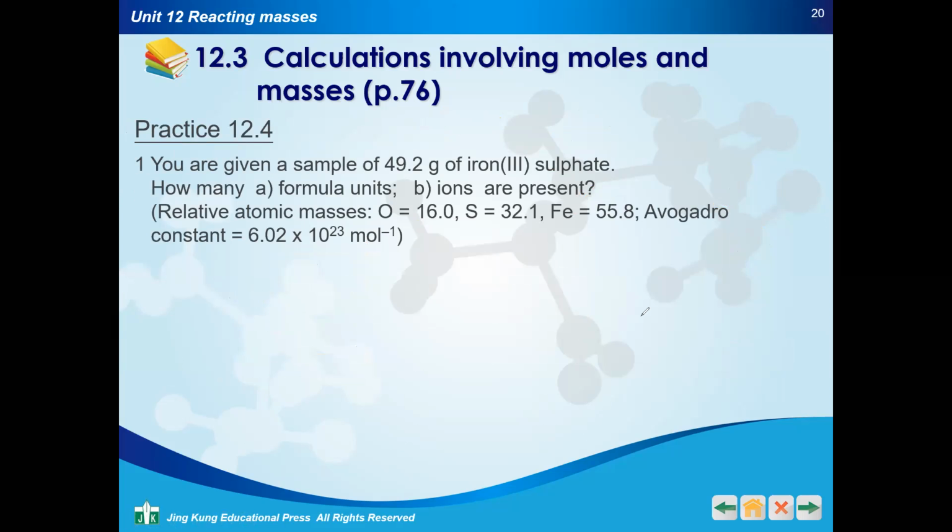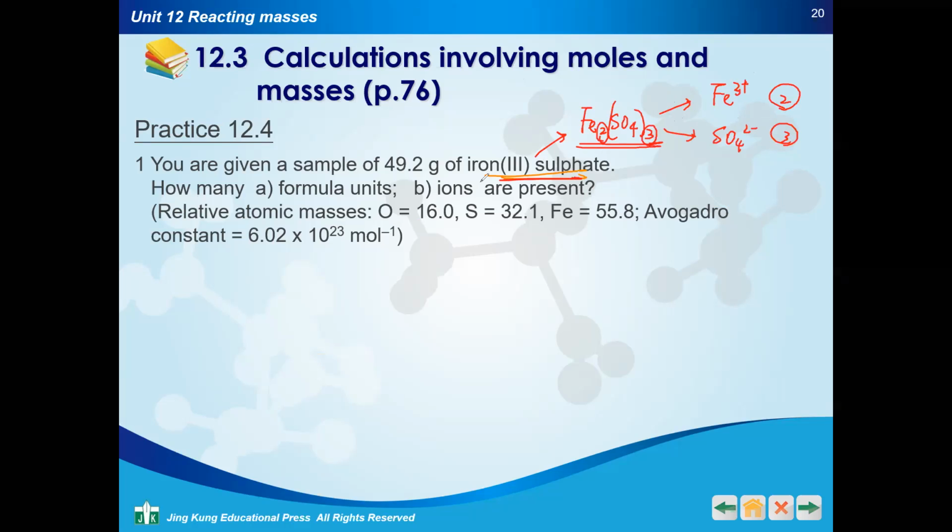So what is that? You need to be aware of this iron(III) sulfate. What is the formula? Fe2(SO4)3. Only by having this can you get the answer. We have two types of ions, iron(III) ion and sulfate ion, with the ratio 2:3.